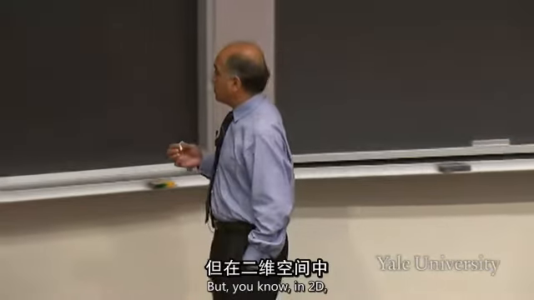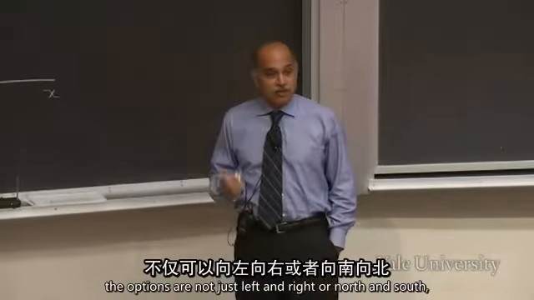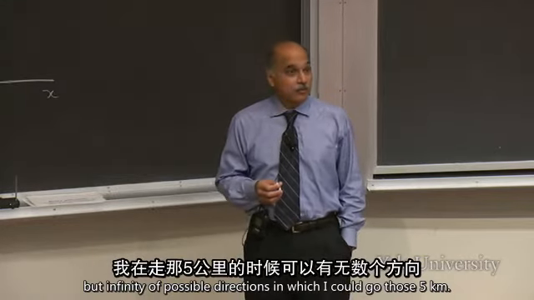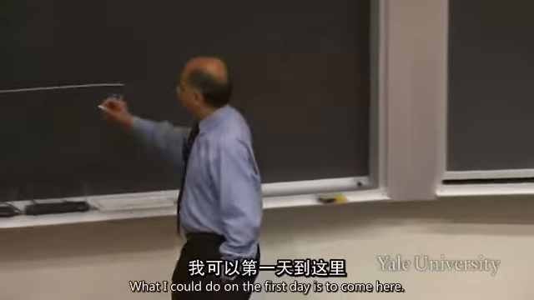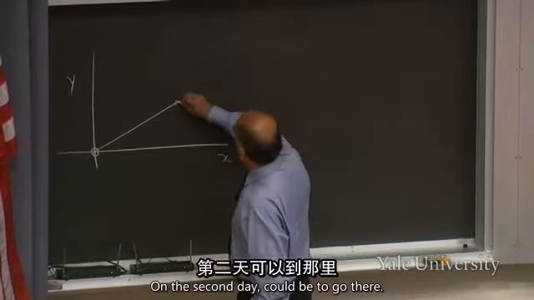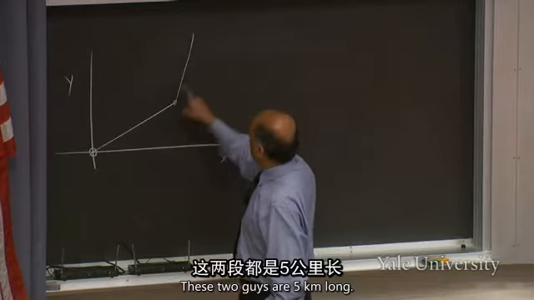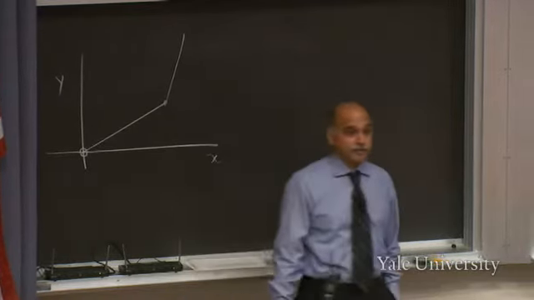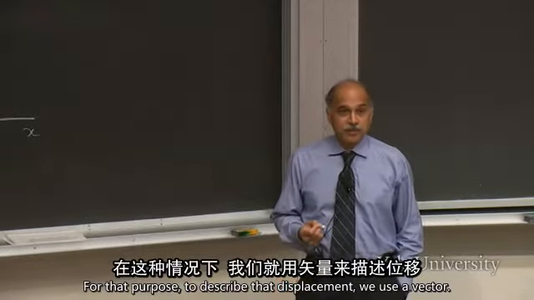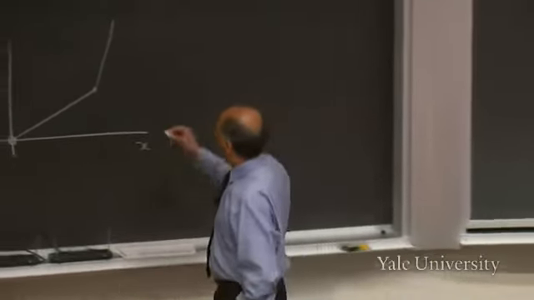But you know, in 2D, the options are not just left and right or north and south, but infinity of possible directions in which I could go those 5 kilometers. So what I could do on the first day is to come here. On the second day could be to go there. These 2 guys are 5 kilometers long. For that purpose, to describe that displacement, we use a vector.